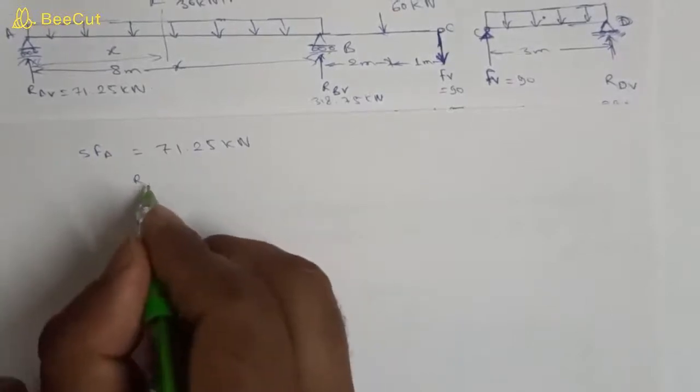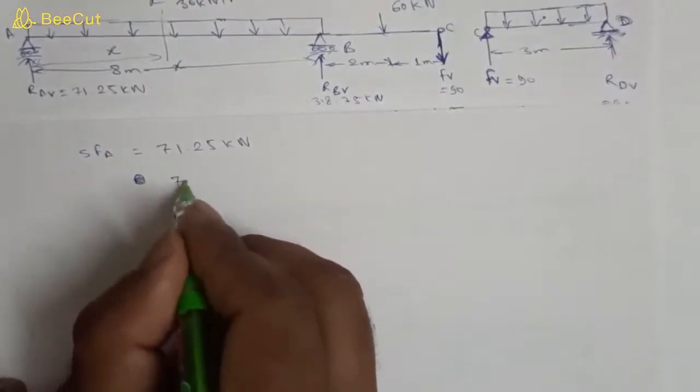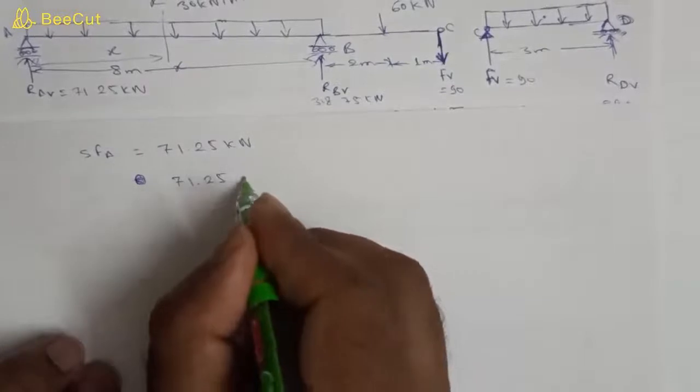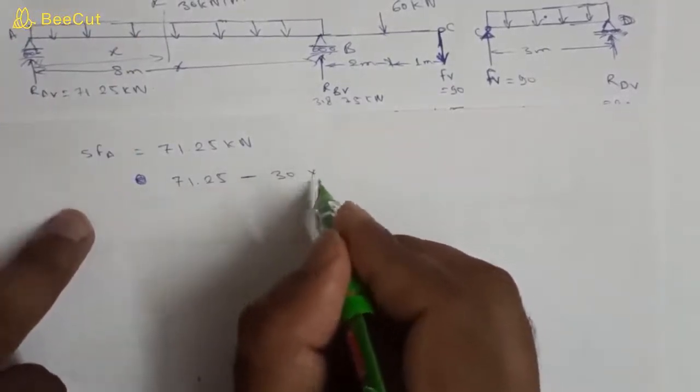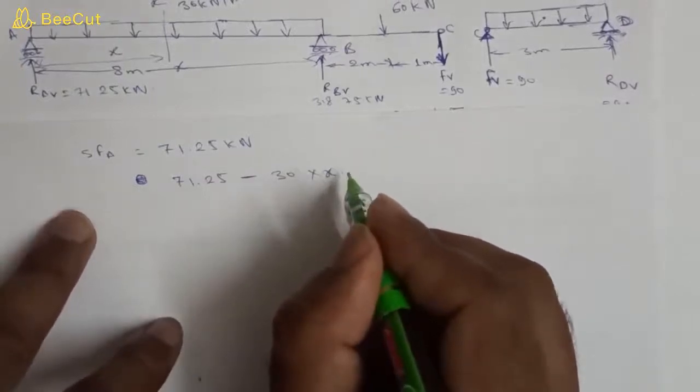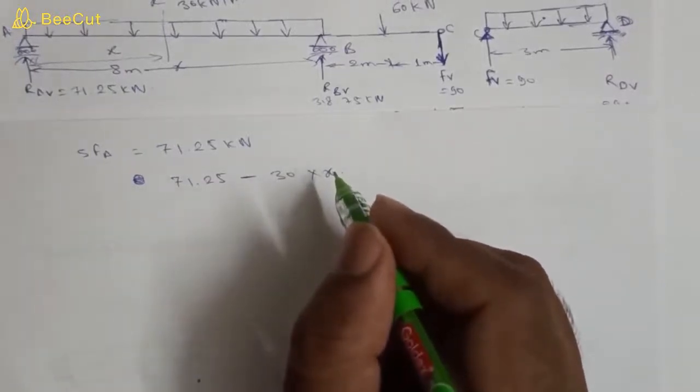RAV, which is equal to 71.25 kilonewton minus 30 kilonewton per meter into x. So this will be the shear force.